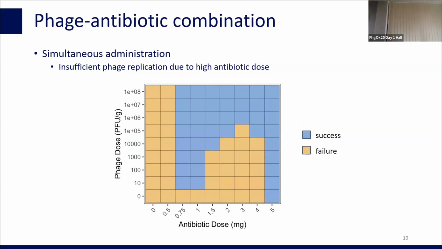So this is a matrix of dose combinations of phage and antibiotics. And the color of the tiles indicates whether the treatment is success or not. And we see indeed, if you look at this row, given the same phage dose, increasing antibiotic dose actually may lead to the failure of the treatment here. So this is not a blue color, right?